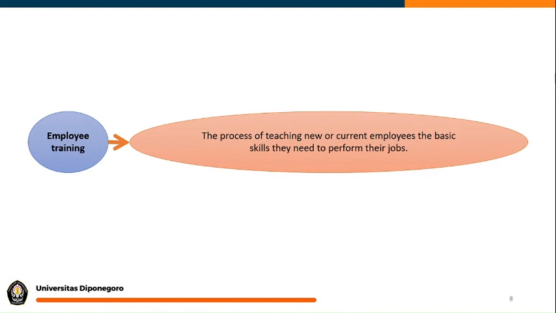So your skills, your knowledge, your abilities, and your characteristics should be aligned with the required knowledge, skills, abilities, and characteristics to perform a particular job. So that is the main purpose of employee training, which is to make sure or to teach the new or even the current employees to have the basic knowledge, skills, abilities, and characteristics to perform their jobs.